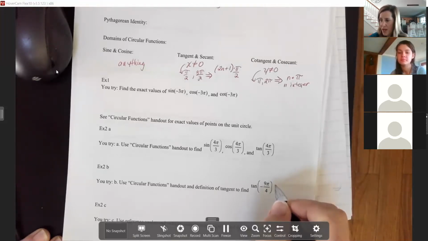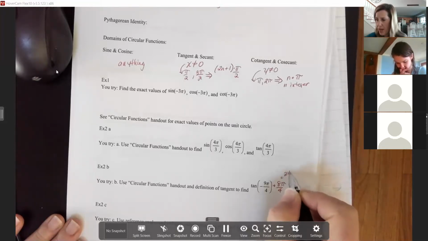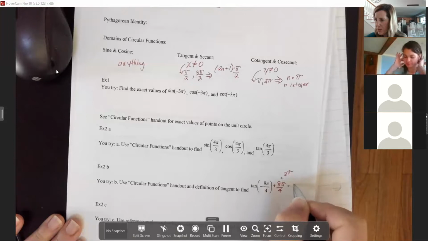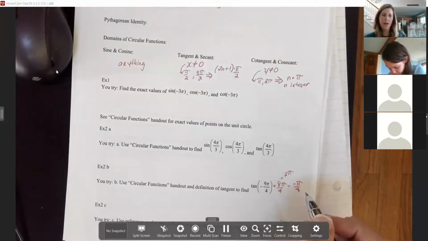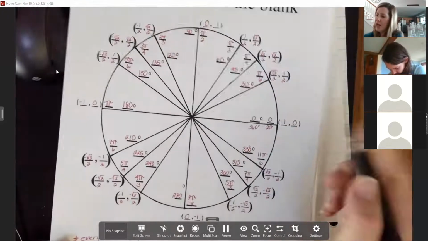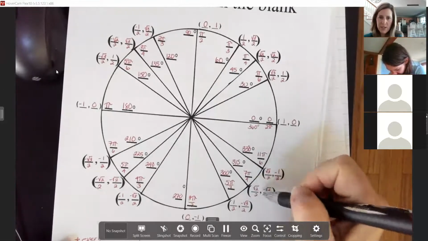So 2 pi, if I have the common denominator, would be the same as 8 pi over 4. Is that going to get me between 0 and 2 pi though? So if I add 8 pi over 4, which is the same as 2 pi, that gets me to negative pi over 4, which is a little bit easier. So like negative pi over 4 means I'm just going backwards pi over 4 to here, right?